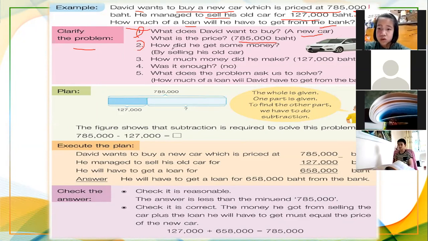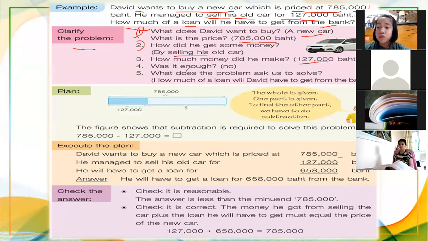Now, where did he get some money from? So he already has 127,000 baht. This money, where did he get it from? He got it from selling his old car. Okay, so by selling his old car, he got 127,000 baht. So which is not enough, right?